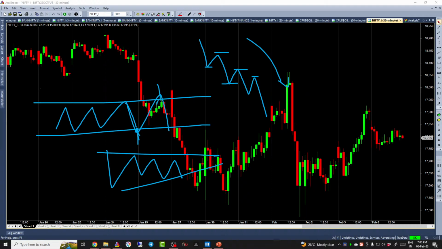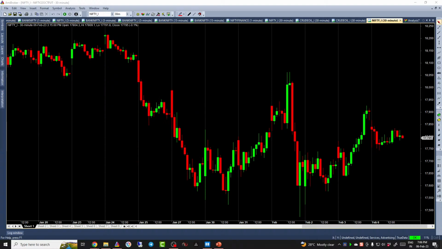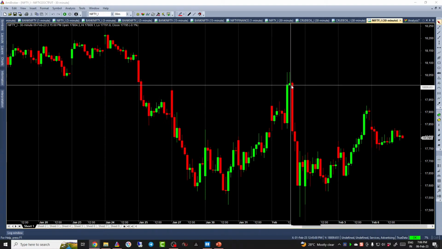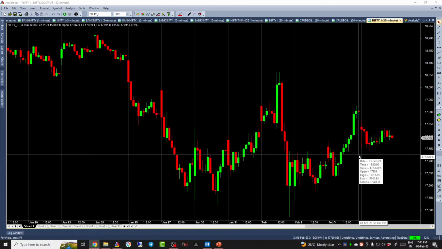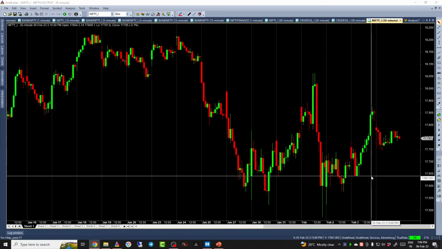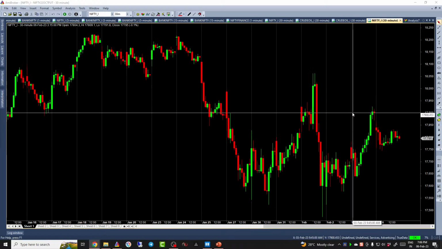So with respect to Nifty, can any one of you tell what trend Nifty is presently trending in? This is the trend of Nifty 30 minute. Can anyone tell in which direction the market is presently trending?